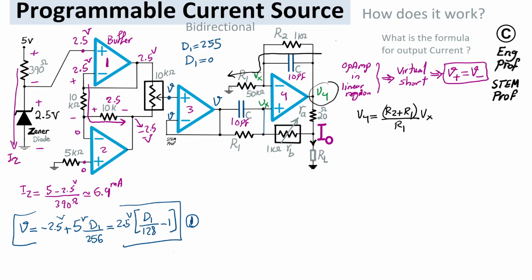So V4 is this current times R2 plus R1, and that's exactly what I did. Vx divided by R1 is the current, and then times R2 plus R1. So in summary, I get V4 is equal to 1 plus R2 over R1 times Vx. Let's refer to this as equation number 2.